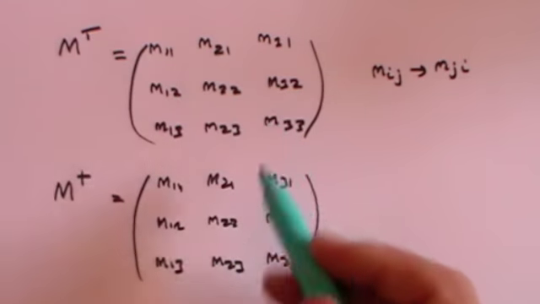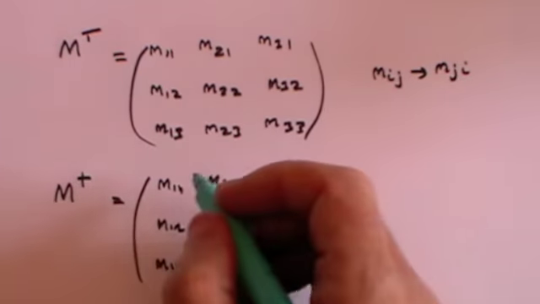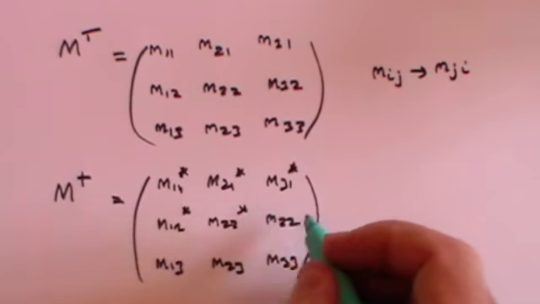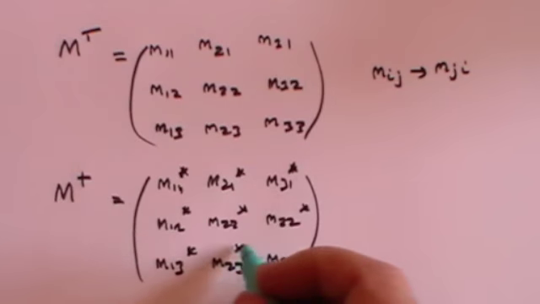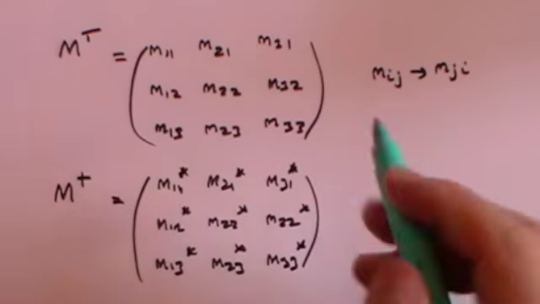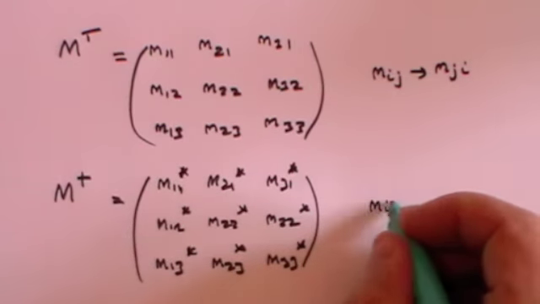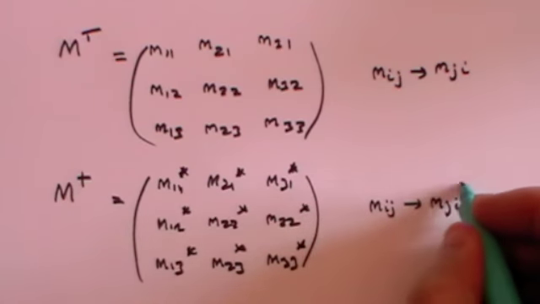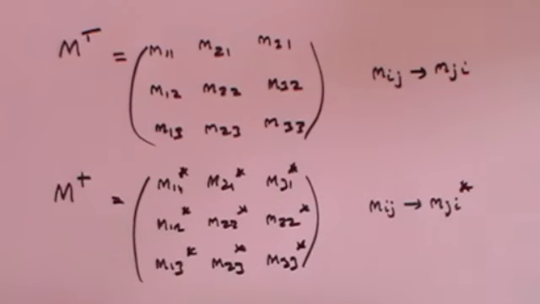That's the transpose matrix. And now we complex conjugate every term. And we know what that means. So that is now what's called the complex conjugate of the transpose, which we represent as M dagger. So in other words, what's happened here is Mij of our original matrix has become Mji complex conjugated.